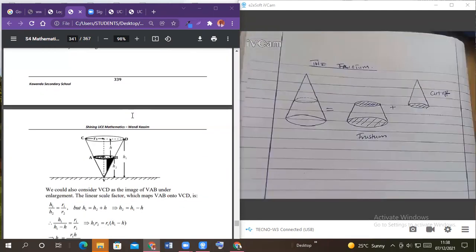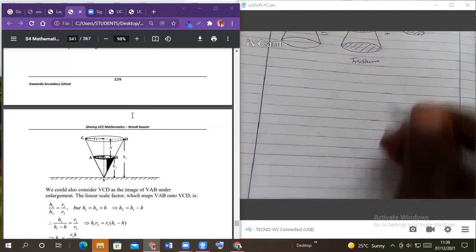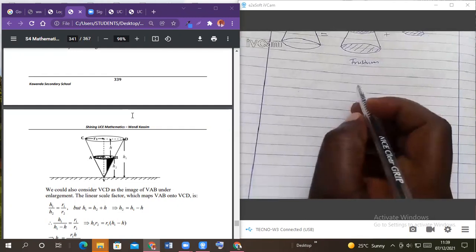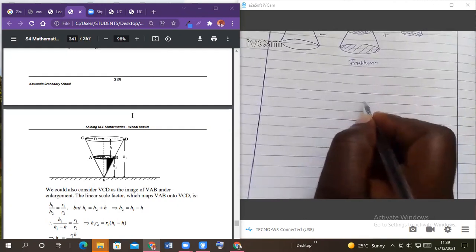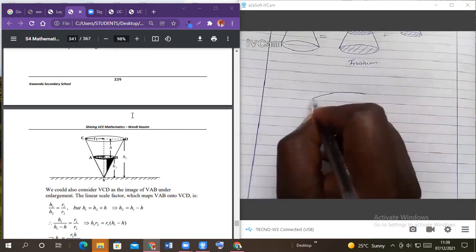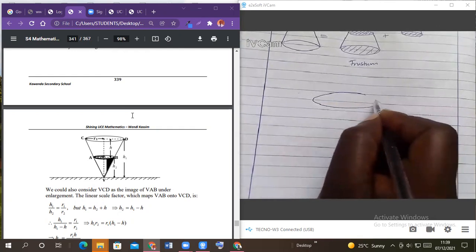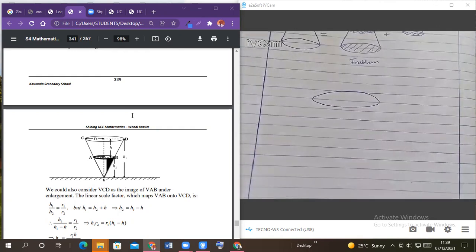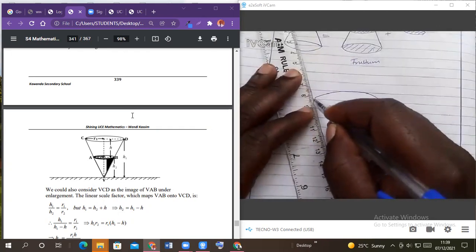Let me first draw this diagram the way it is, and you're also drawing it, that cone that is inverted. I've drawn the cone.